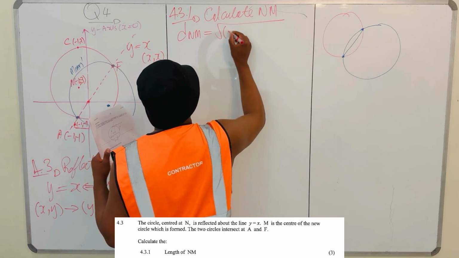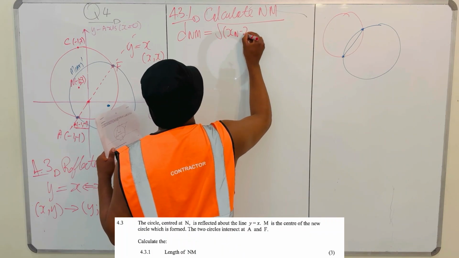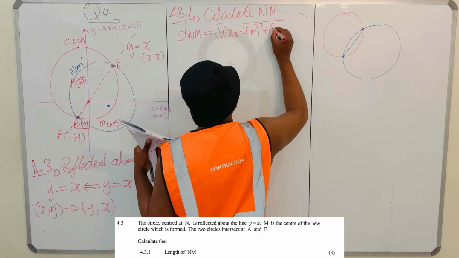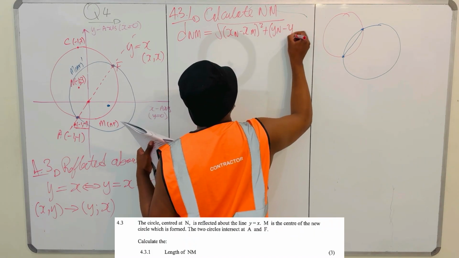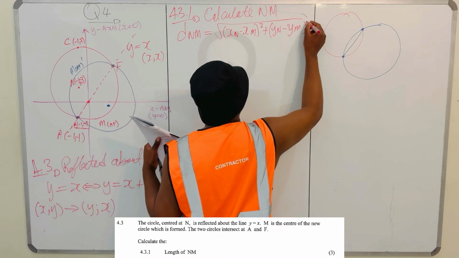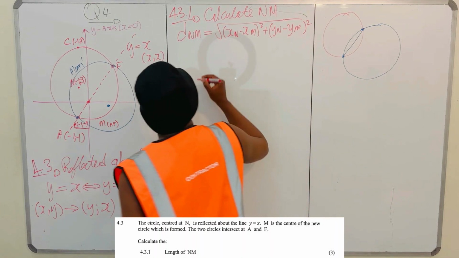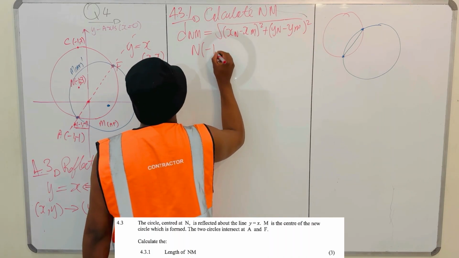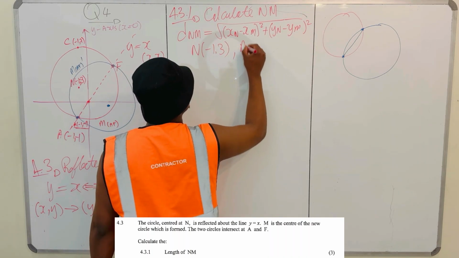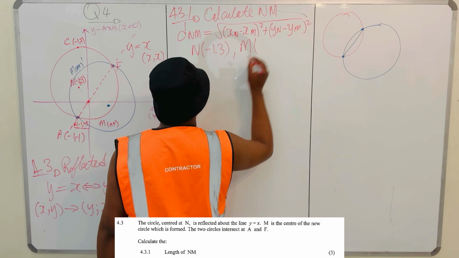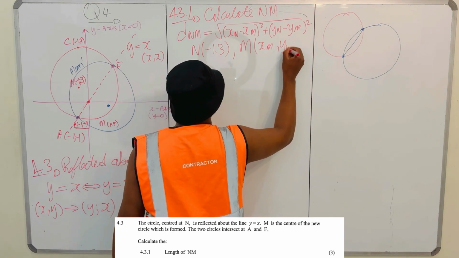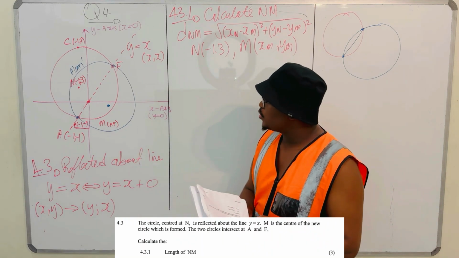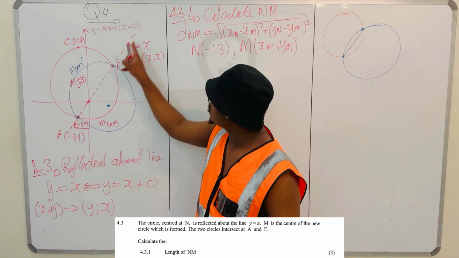It's going to be equal to the square root of the x coordinate of N minus x coordinate of M all squared, plus the y coordinate of N minus the y coordinate of M all squared. We have the coordinates of N, given to be minus 1 and 3. The coordinates of M, not so much, xM and yM. We don't have them. But what we know is that we reflected about the line y is equal to x.